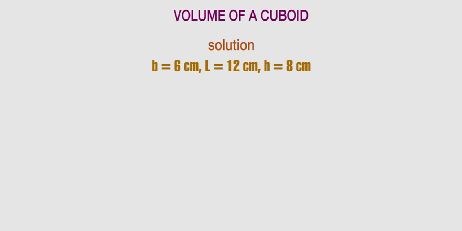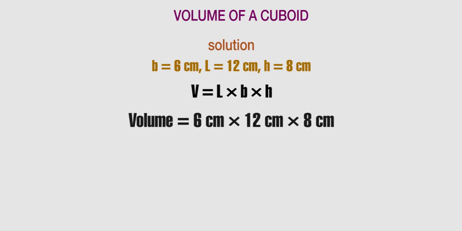We know the formula for finding the volume of a cuboid is V equals the length multiplied by the breadth multiplied by the height. So if we substitute our figures, then we have the volume equals 6 centimeters multiplied by 12 centimeters multiplied by 8 centimeters. Therefore, the volume is equal to 576 centimeters cube.